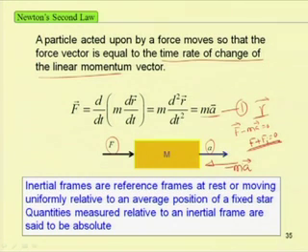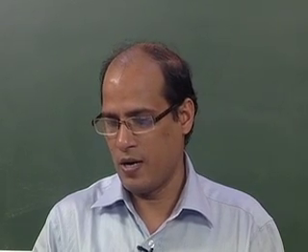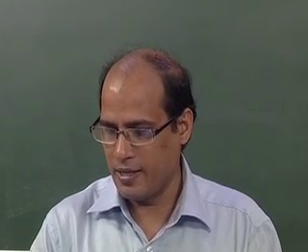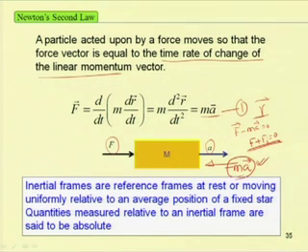So, one can obtain the D'Alembert principle from Newton's second law by adding this inertia force to the moving system. In this way, one can convert a dynamic system to a static system by adding the inertia force.